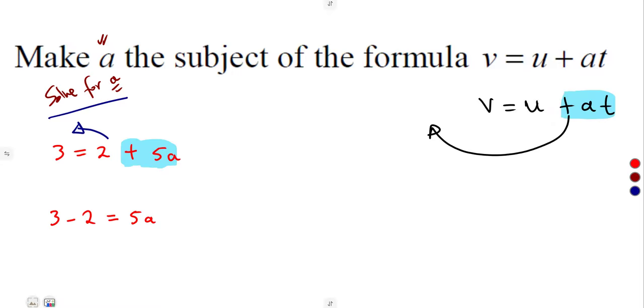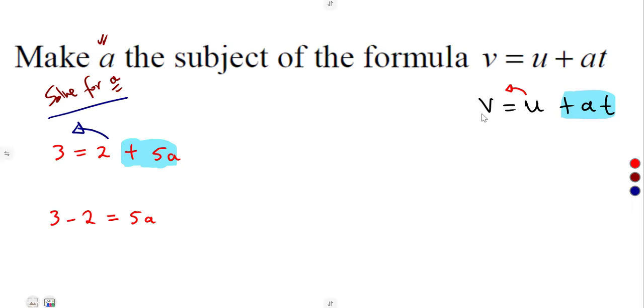Just leave it as it is on the right-hand side. Then take the U, which has no effect, whether it becomes positive or negative, we do not mind about that one. It is not about U, it is about A. So you take note of the letter to be the subject. Your eyes must be on that letter. The rest, just take to the other side if it is possible.